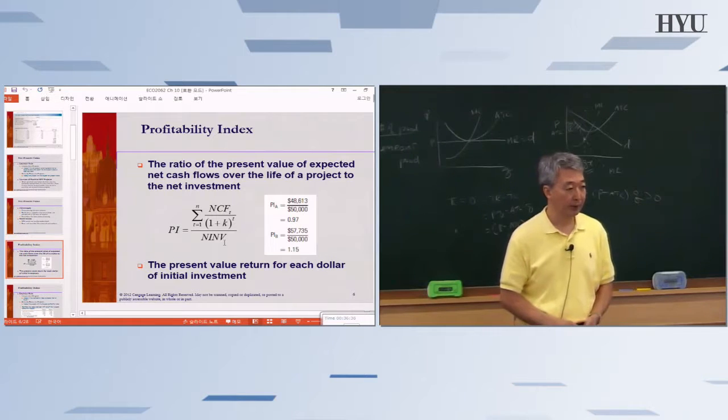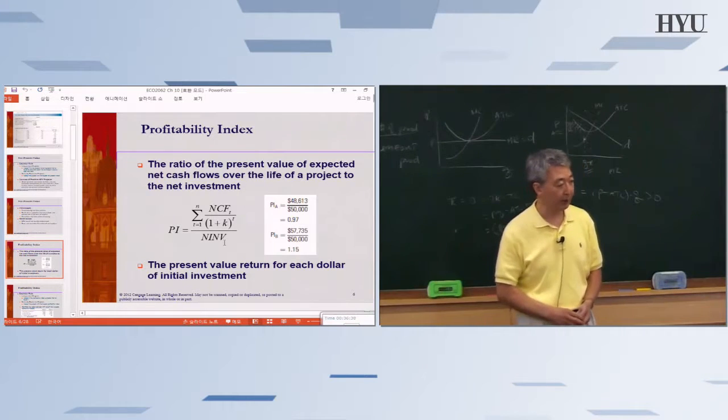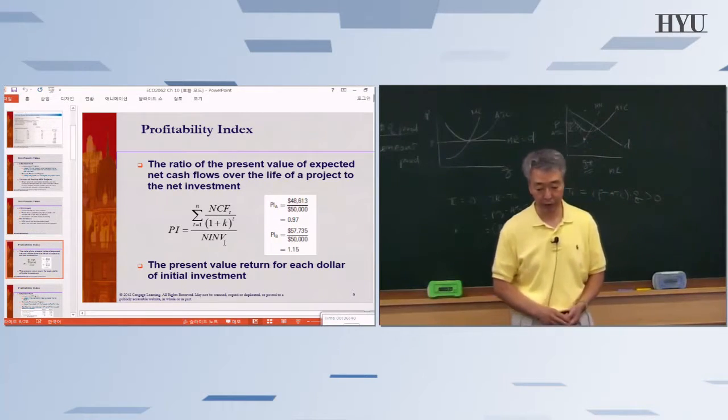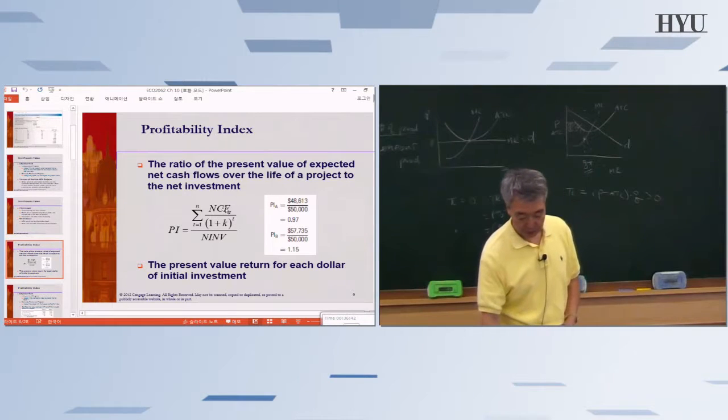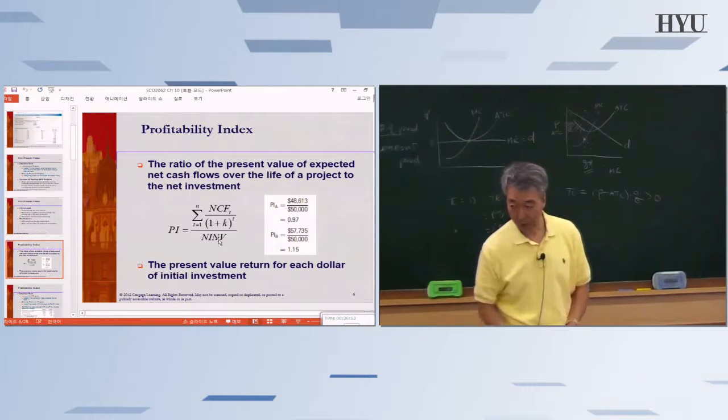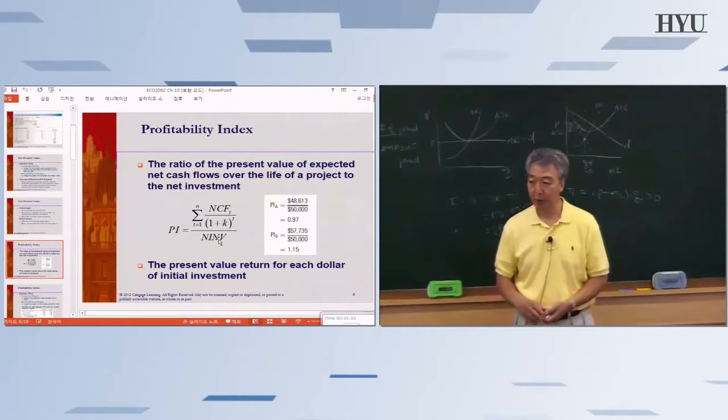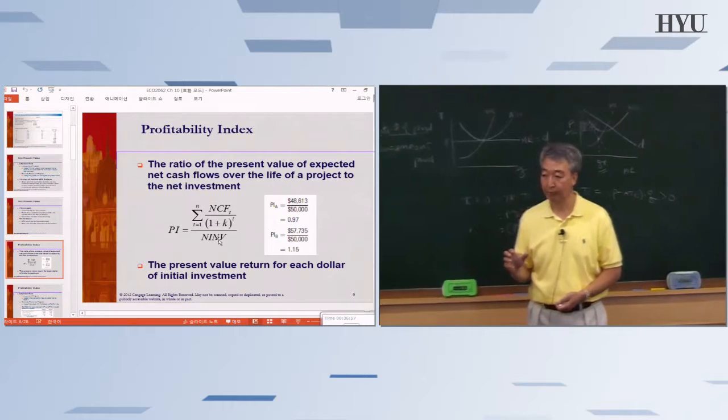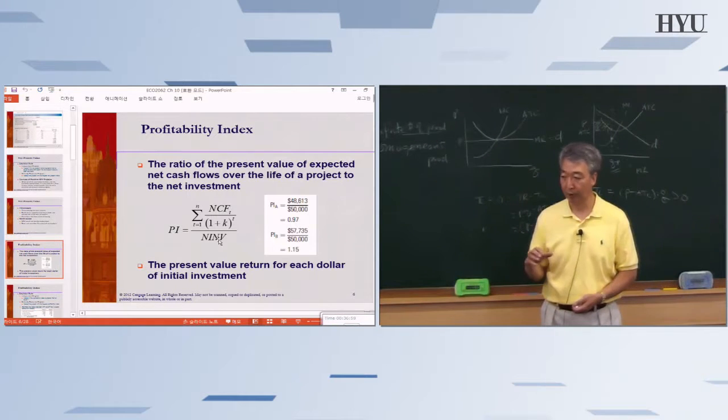So you can see it's pretty much the same idea as net present value. Net present value was this numerator minus denominator, right? Profitability index, PI, is simply the ratio. So you can see the consistency between the net present value and profitability.